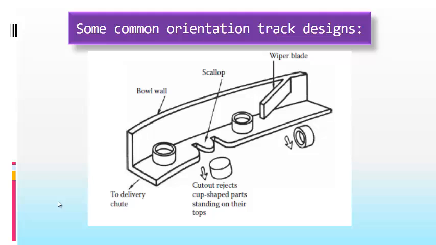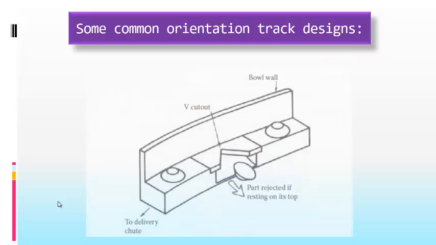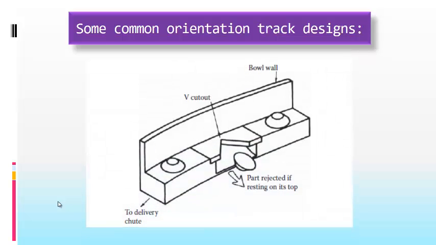Here he used the scallop. This is another device where if the part comes head up, it will tangle on the scallop and fall down. Here he used another thing, which is a V cutout.